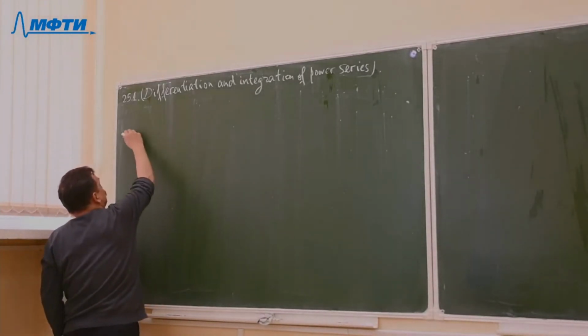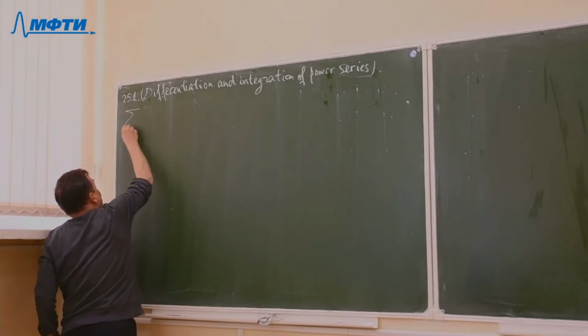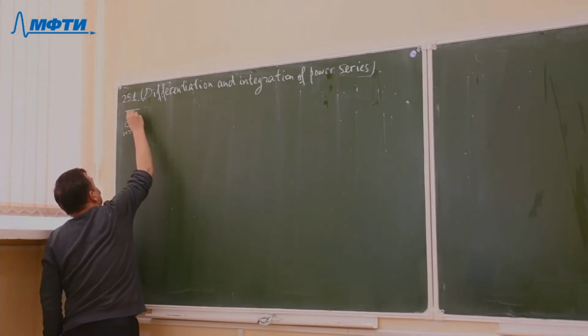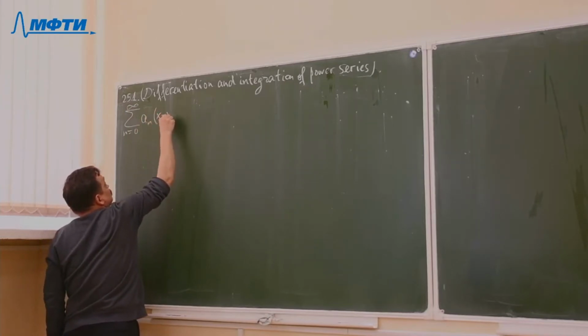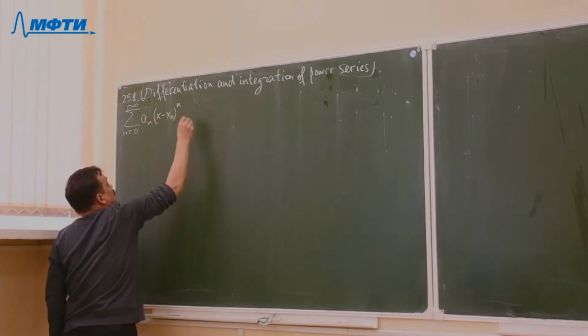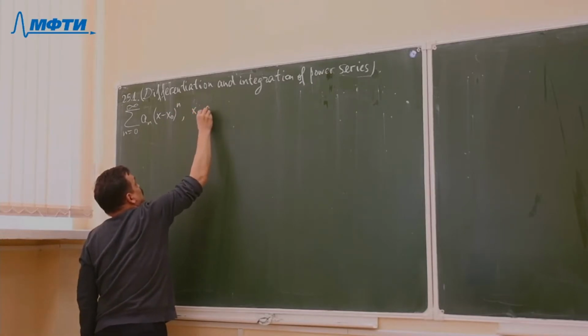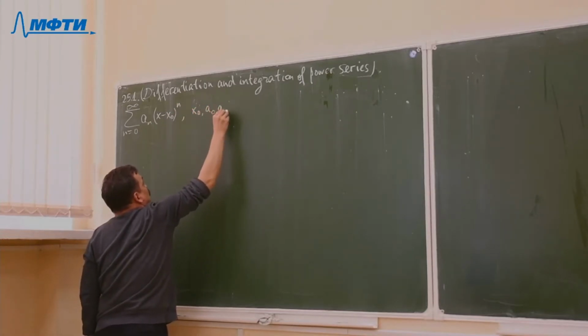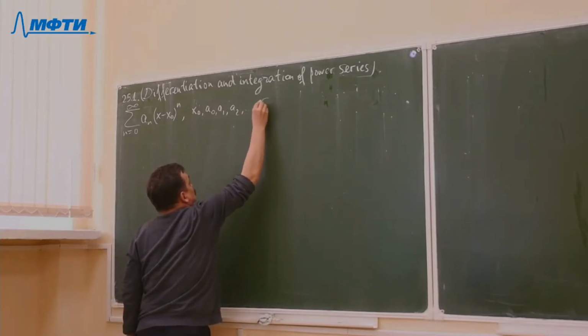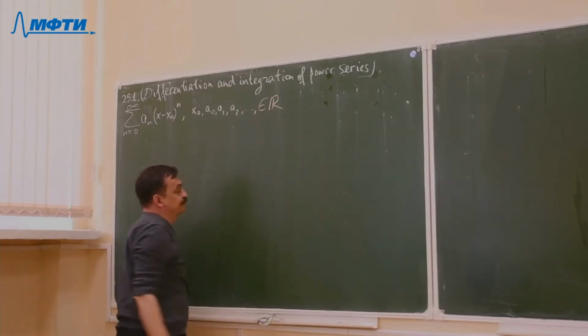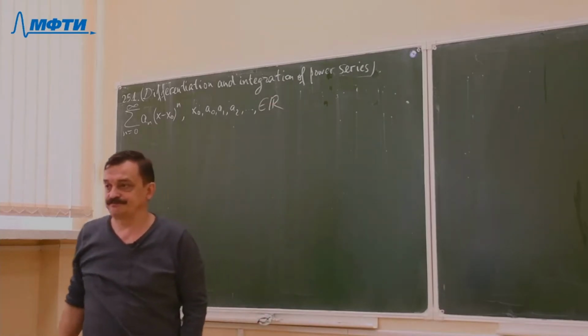Firstly I'll recall what we consider. We consider power series, real power series now. So x naught, a naught, a1, a2, and so on are real numbers.